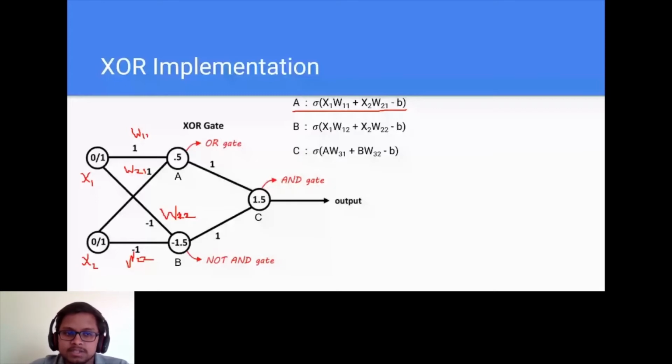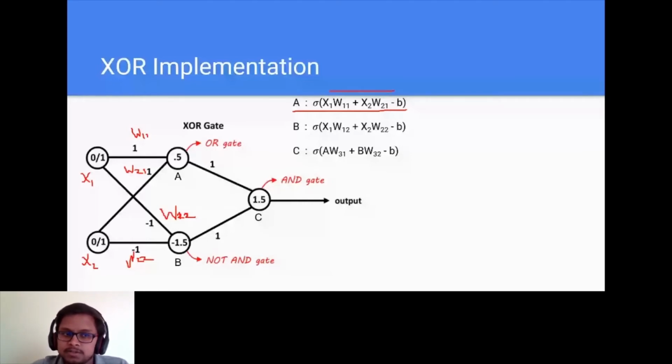In case both these inputs are 0, we will be multiplying them each with 1, which is 0 again, and then minus 0.5. So we will be getting minus 0.5 inside the sigmoid. So the sigmoid of minus 0.5 would be a value below 0.5, so we will assume that to be a 0.